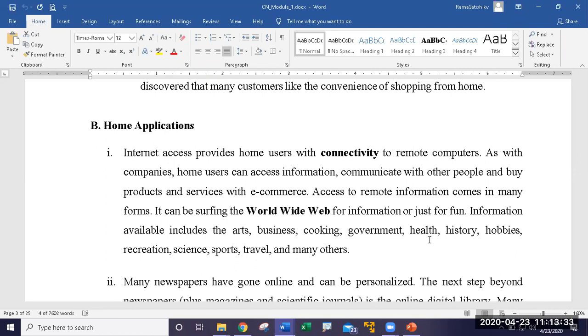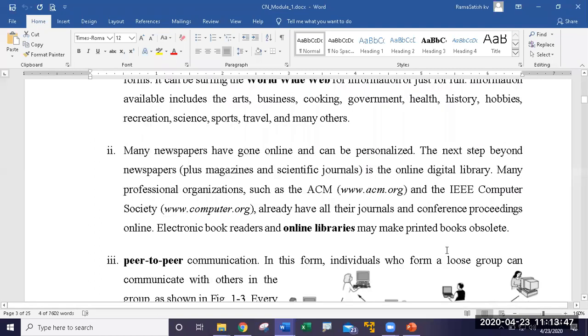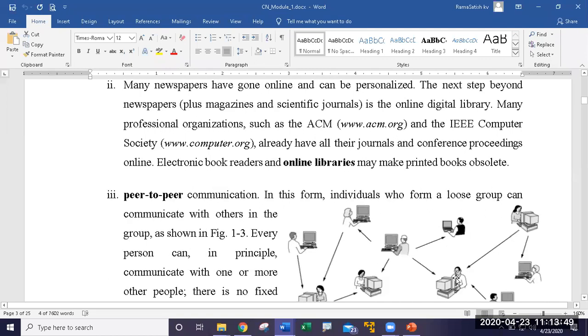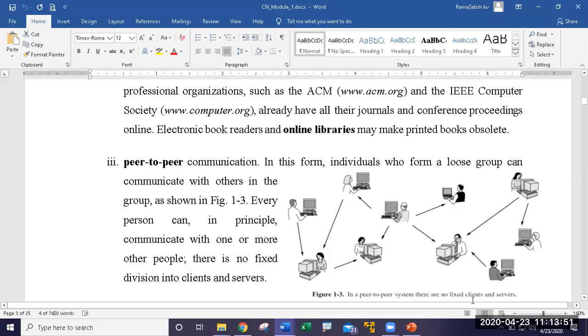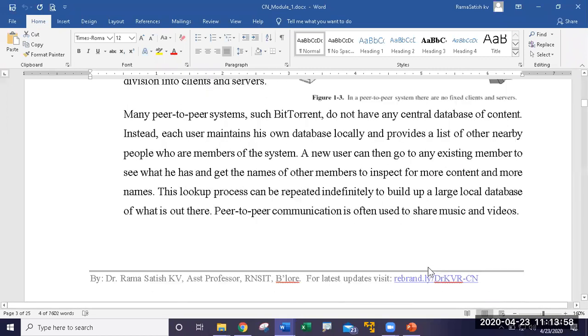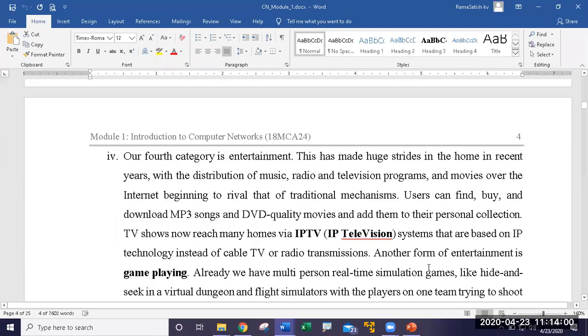With the advent of IoT, Internet of Things, many devices today are connected to the internet, especially home utilities, and of course online libraries and peer-to-peer communication. You want to chat, do video chatting, audio chatting. All those things you can do as applications.